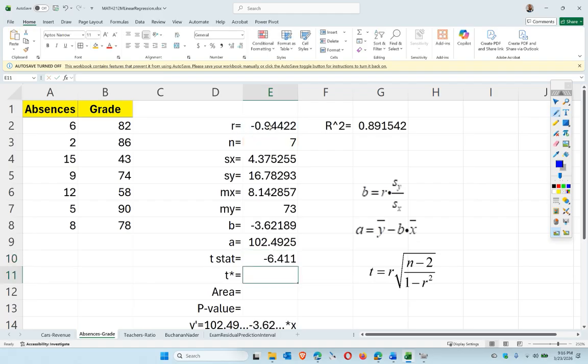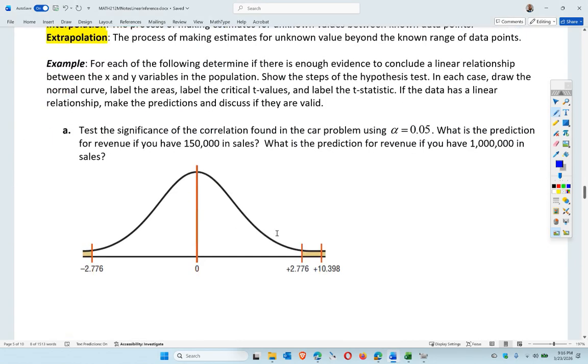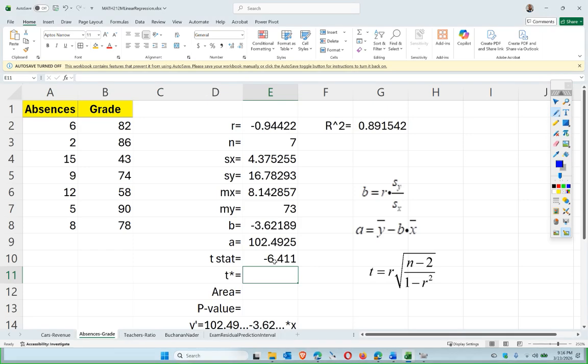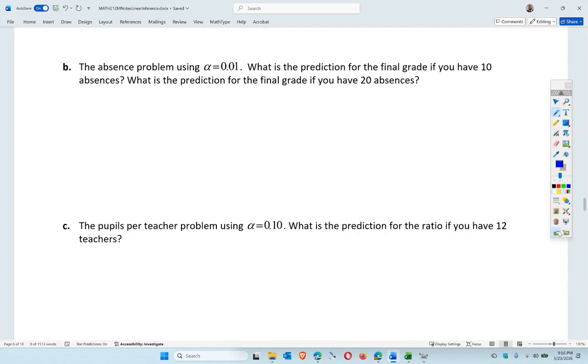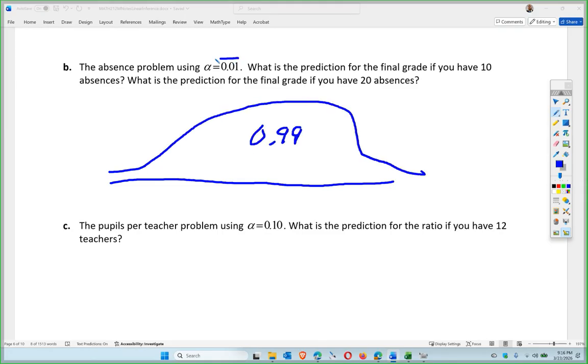So t critical, so we have to think about the picture here. So this one here, let's remember, we have a negative 6 point something here. All right, so we have a picture that's terrible, 0.99, because alpha is this, right?